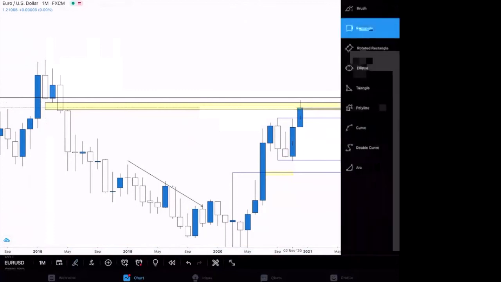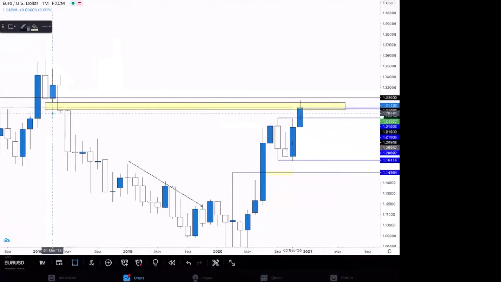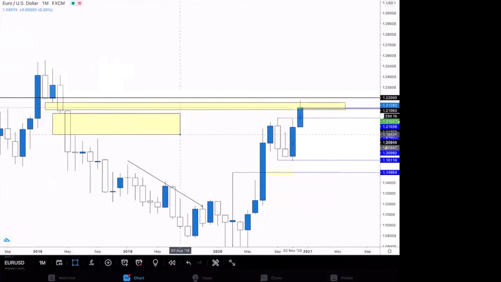You've got another imbalance right below it, but it already ran through there. You got some reactions at first, right there. It fell. Like I said, price is going to react to the imbalance of institutional candles. It might not be the biggest move, but it's going to be a move.